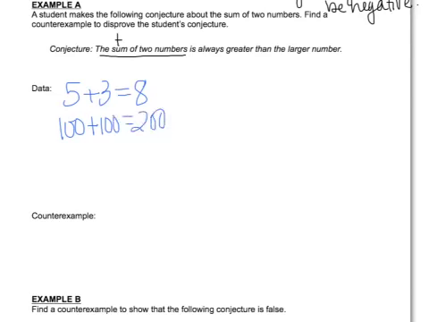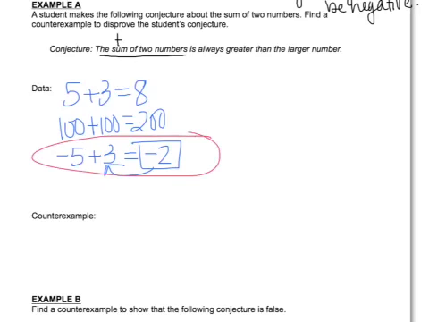That's bigger. I'm using both positive, so I don't think that's going to work. Let's try negative. Let's say negative 5 plus 3. Negative 5 plus 3 is negative 2. Well, negative 2 is definitely not bigger than 3. So right here, that one that doesn't work, that's my counterexample right there. So I just need one counterexample to show that it doesn't work.